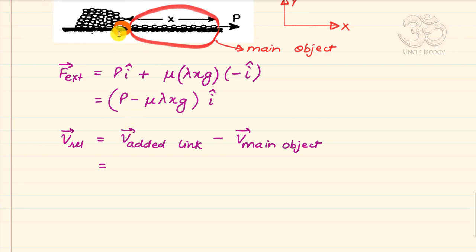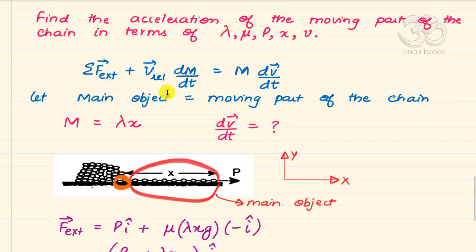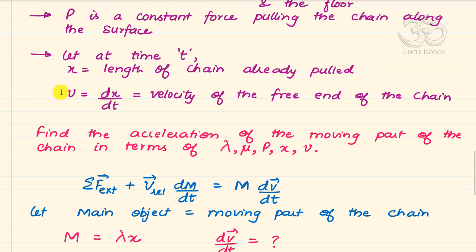Now just before being added into the main object, into the moving chain part, what was the velocity of this link? The velocity of this link was 0. So this is 0 I cap minus, what was the velocity of this main object that was moving? So they have defined it. At time t, they are saying v is the velocity of the free end of the chain.